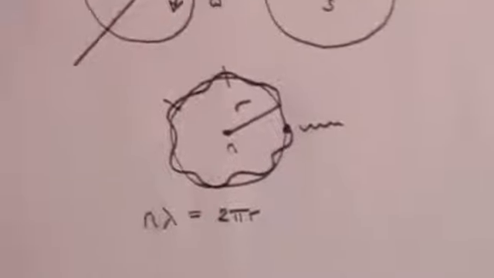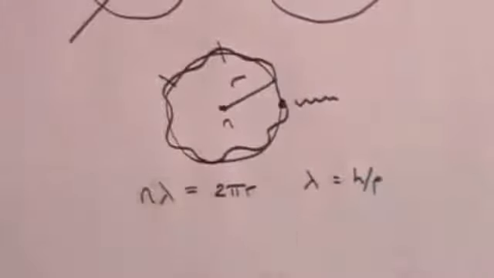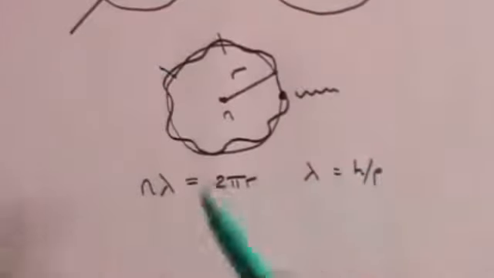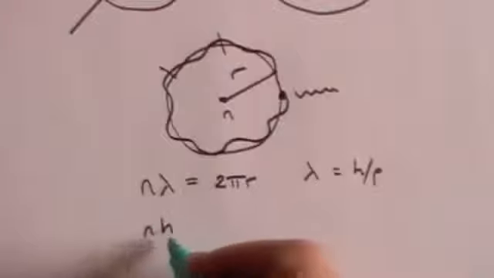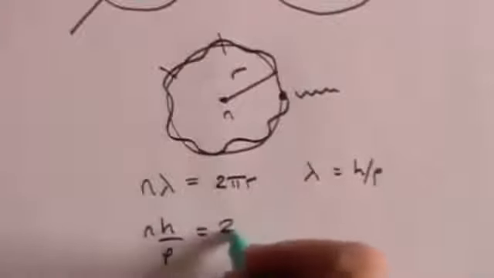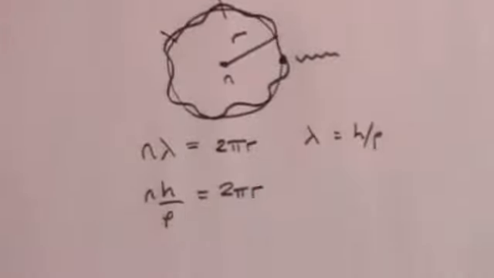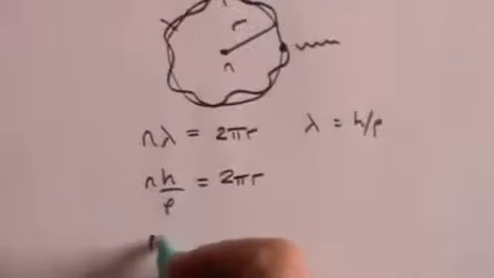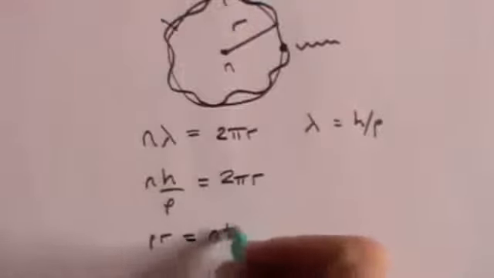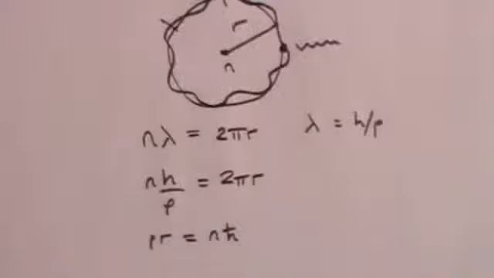Then we remember the de Broglie formula that lambda equals h over p. And so we put lambda into here, and we've now got that nh over p is equal to 2 pi r. And from that you can see that pr is equal to n h bar, where h bar is h over 2 pi.